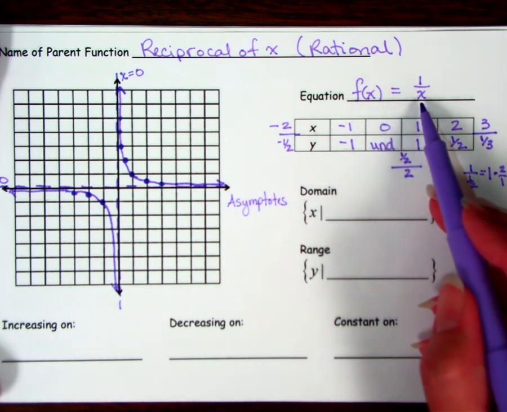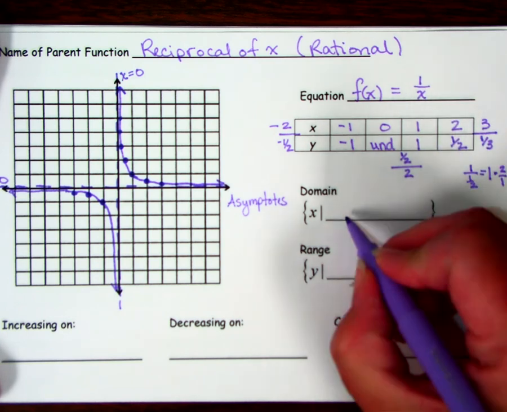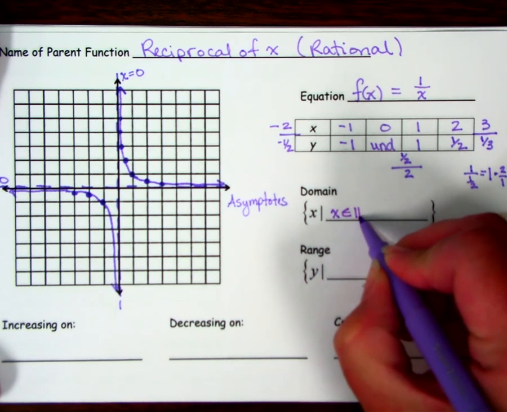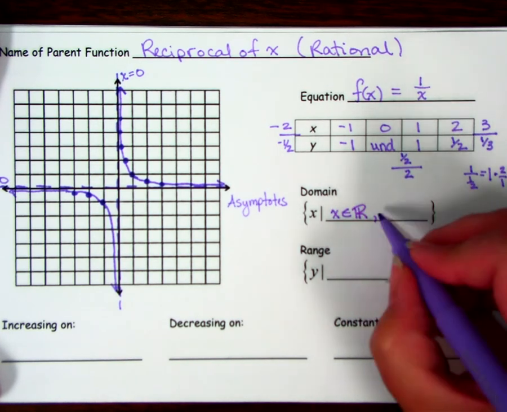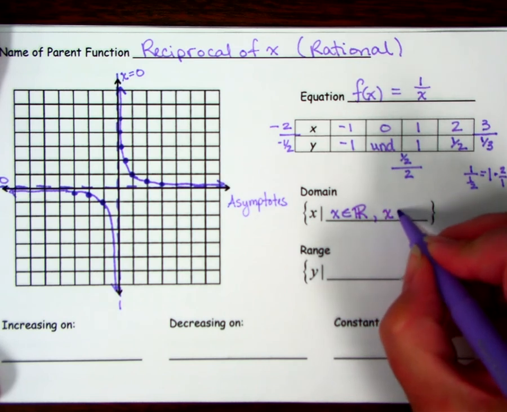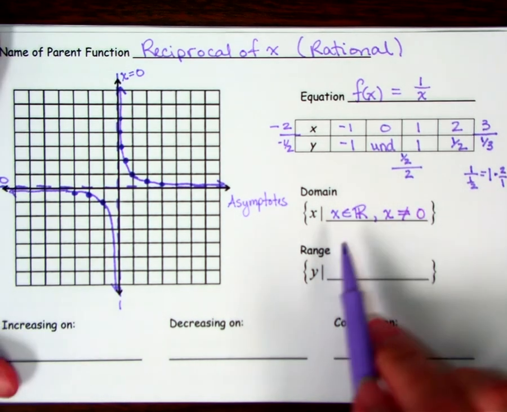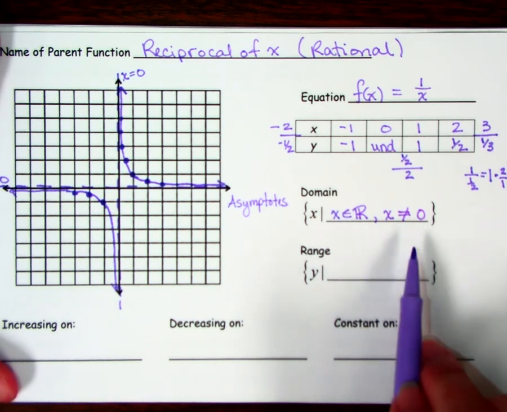The only x that does not work is 0. So down here I'd say that x can be anything. So x is any real number except 0. So I would then say x does not equal 0. So x is any real number except for 0. That's what this notation means.